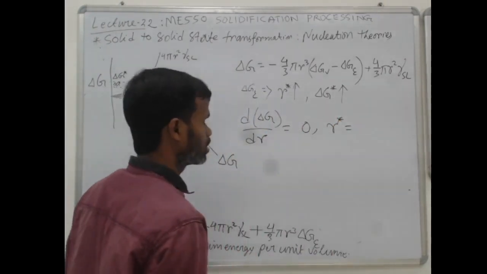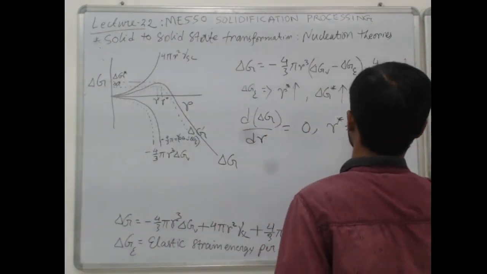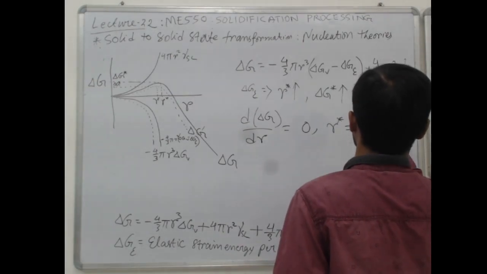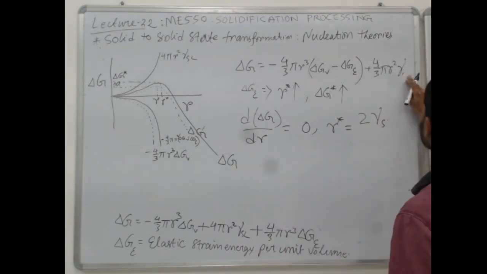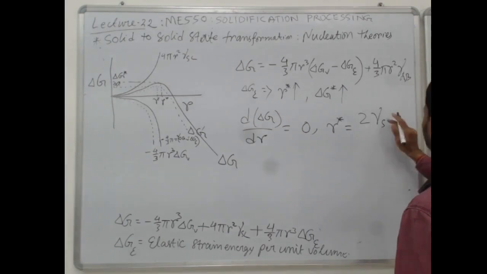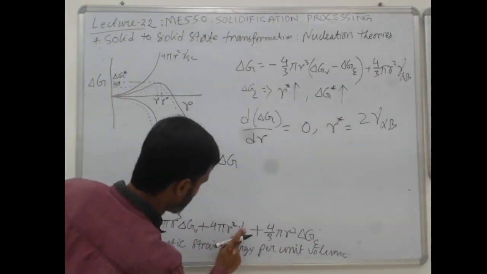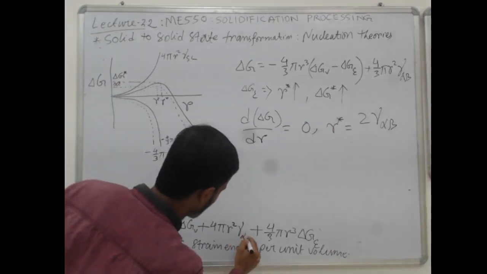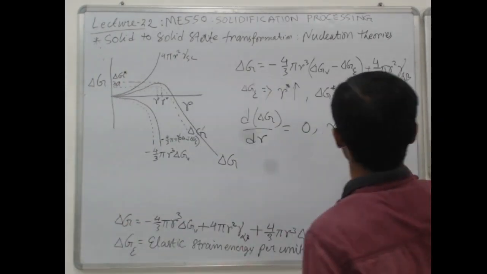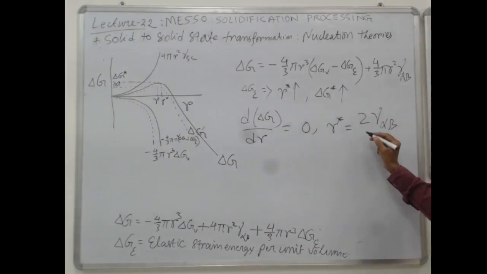Here we don't write SL because this is alpha and beta. So we write gamma alpha beta. So you should correct it. We call it gamma alpha beta. This is the interfacial energy between the alpha and beta phase.